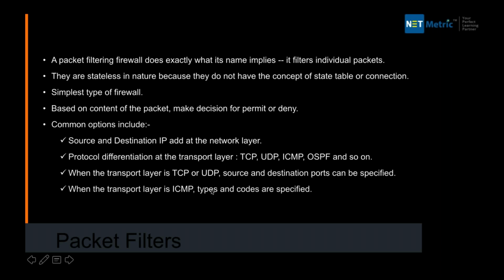For ICMP, its types go like ICMP echo, echo reply, echo request, and so forth. Basically, packet filtering is implemented on Cisco IOS routers and switches as an access list.